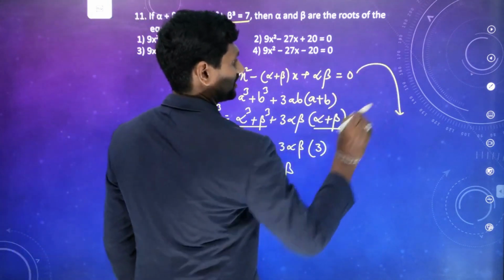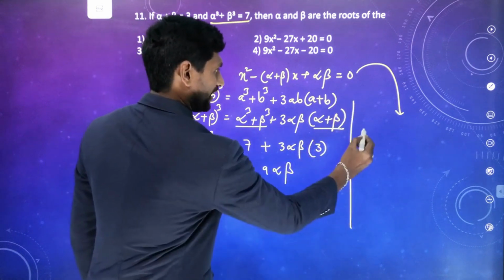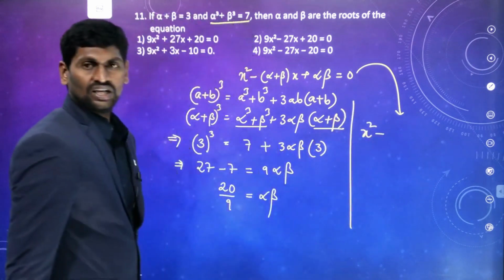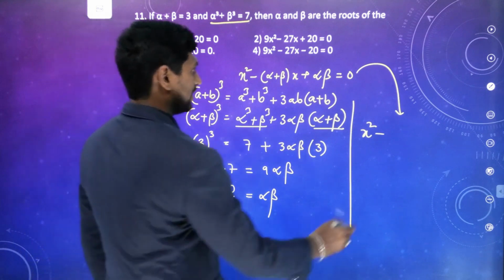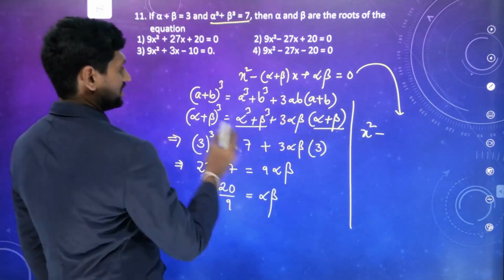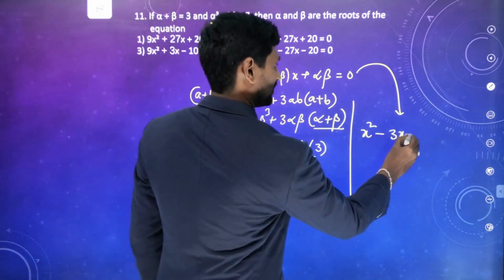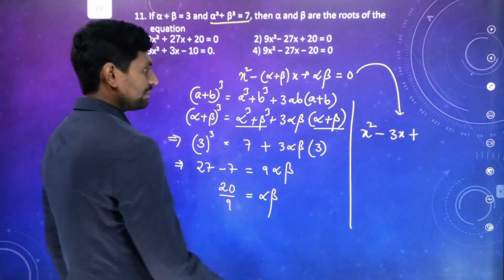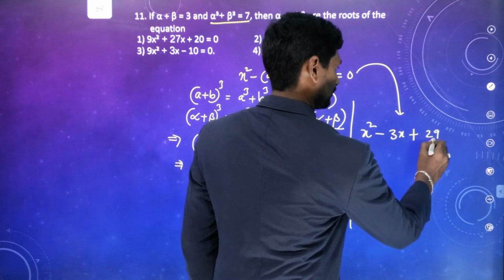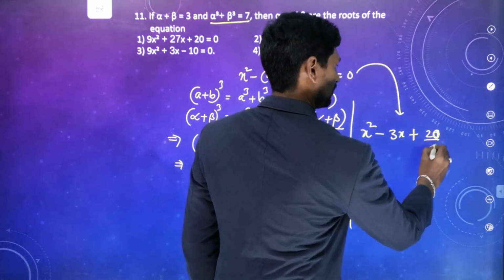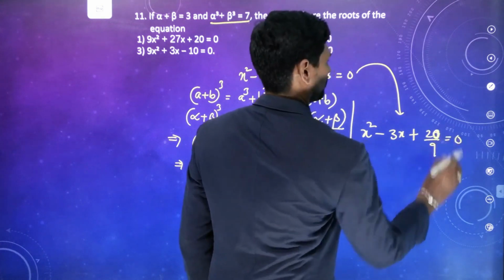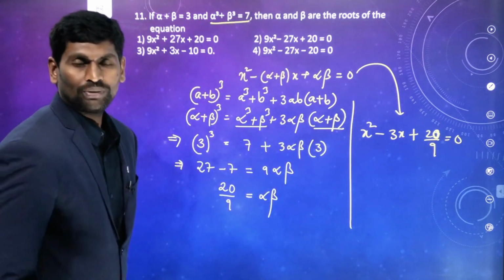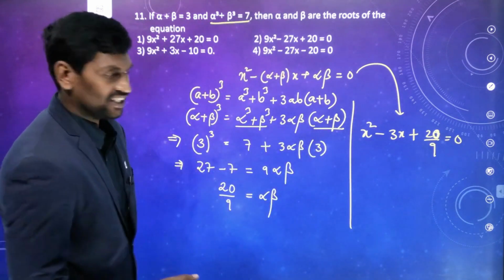Substitute in this equation. We have x square minus (alpha plus beta value, which is 3) into x, 3x, plus alpha beta value 20 by 9, equal to 0. So multiply every term with 9.